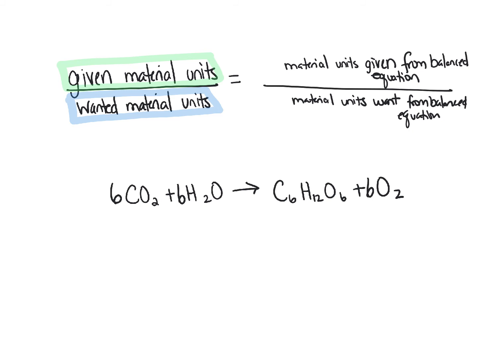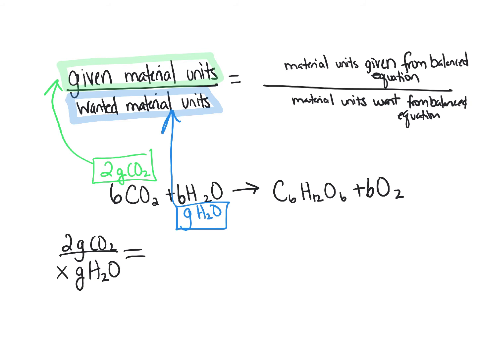So if I were to give you 2 grams of CO2 and I want to find how many grams of H2O that would be, I can set that up on my left side of my balanced equation.